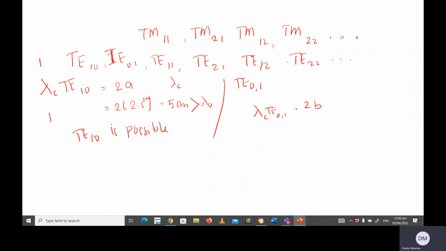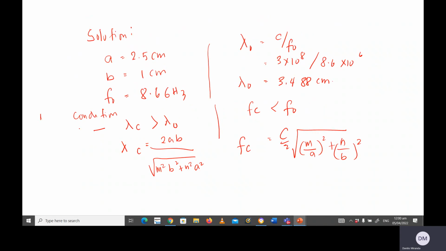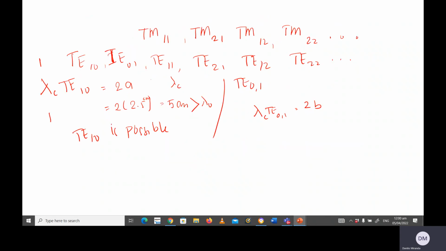Okay, so balikan mo yan, magiging 2B yan eh, no? Pag binalikan mo to, itong formula na to, ay hindi yan, ito, sa baba, magiging 2B yan.